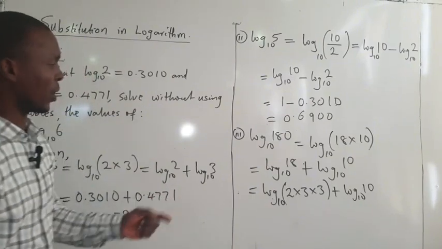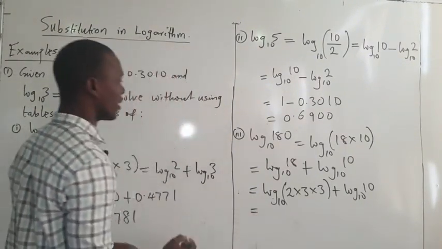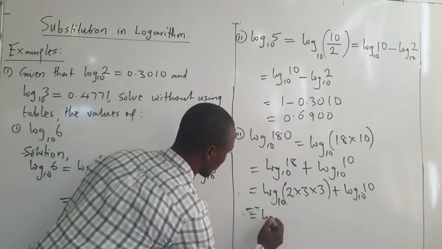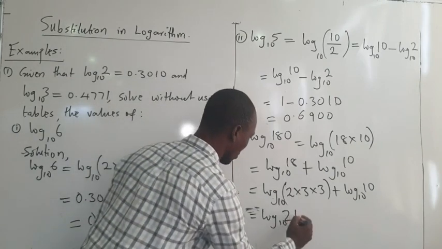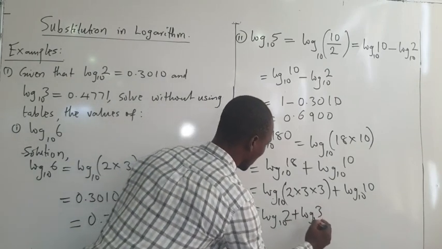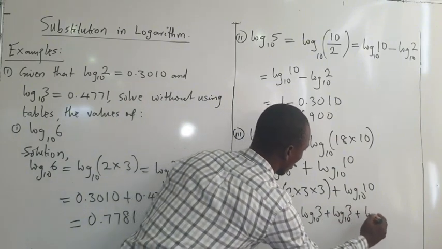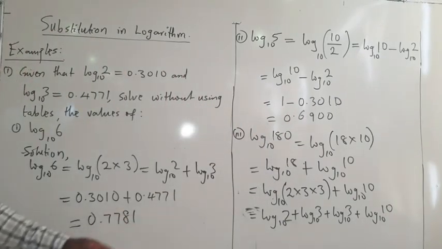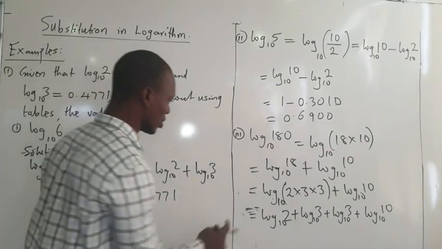So let's bring this out of the bracket by applying the multiplication law of logarithm. So we have log 2 base 10, plus log 3 base 10, plus log 3 base 10, plus log 10 base 10. The next thing to do is to replace log 2 base 10 and log 3 base 10 by the values given.